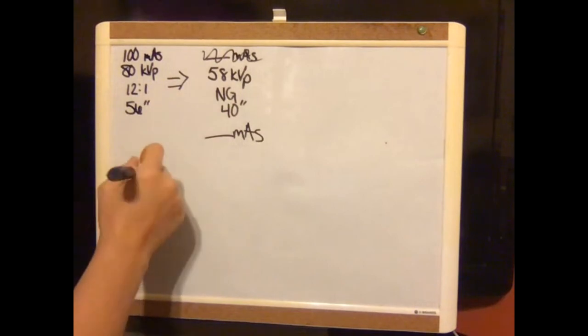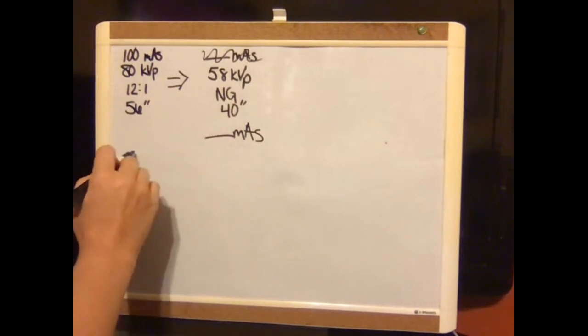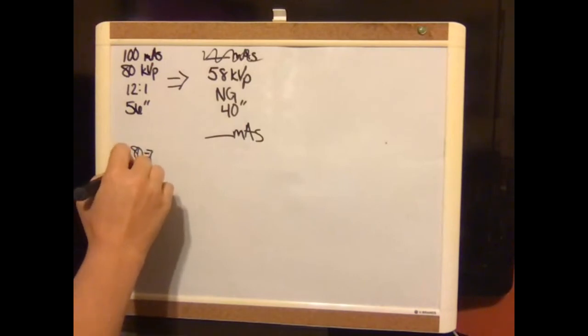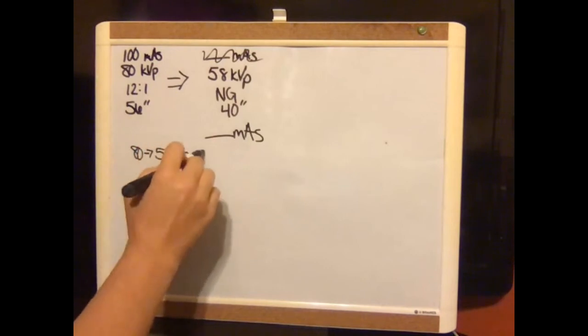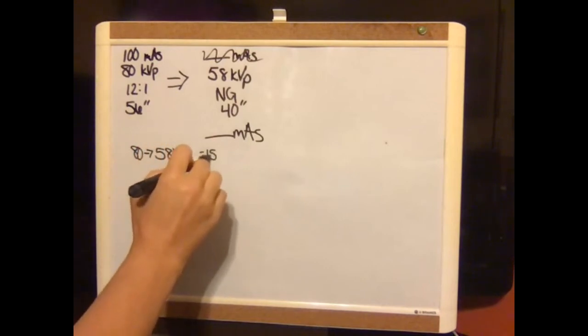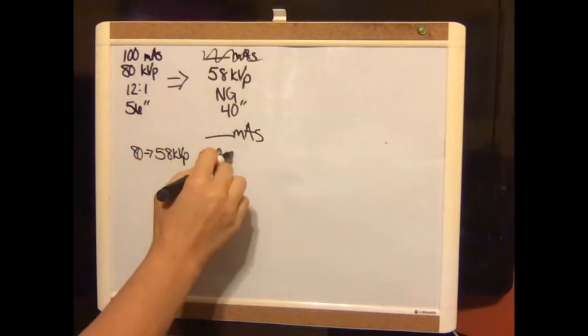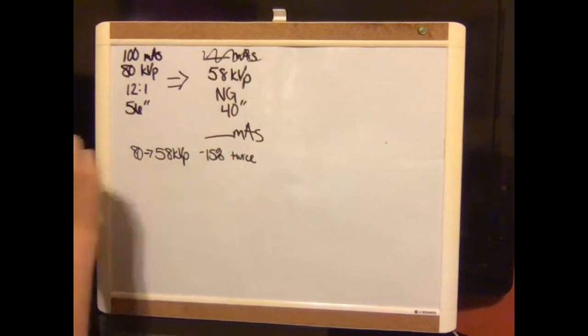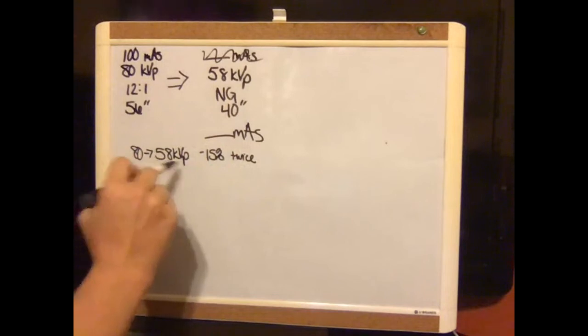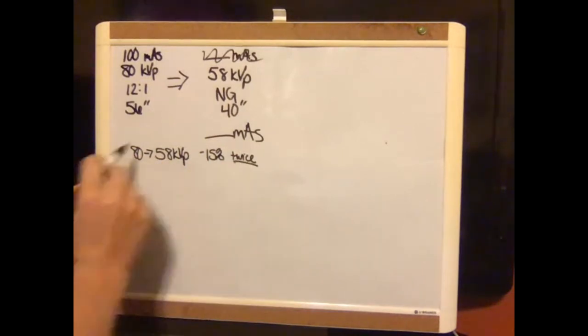And I'm just going to make a note because that math isn't really that hard to work out. So we went from 80 to 58 kVp, a minus 15% twice. So that means that we need to take this mAs and we need to double it twice.